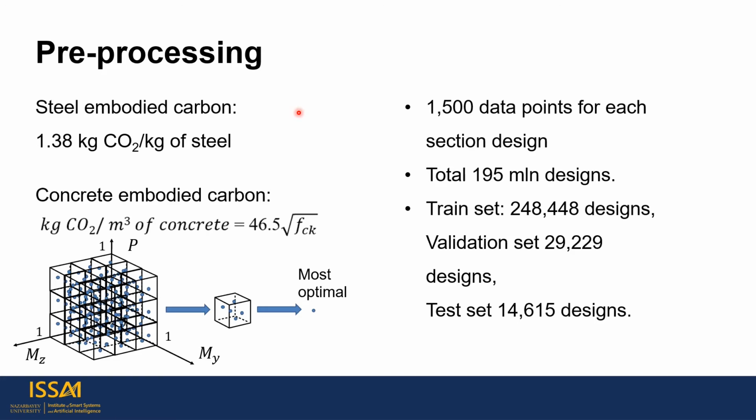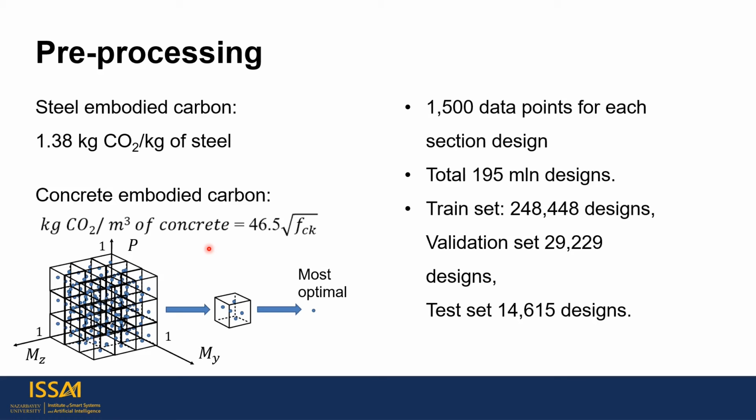Our final dataset contains 195 million designs, and before feeding to the network we preprocessed the dataset to have the most optimal designs. Based on the embodied carbon values of steel and concrete, as presented in the slide, we computed the embodied carbon for all designs. To keep the optimal designs with the minimum embodied carbon, the data points forming the interaction surface for all the designs in the dataset were normalized in the range from 0 to 1.